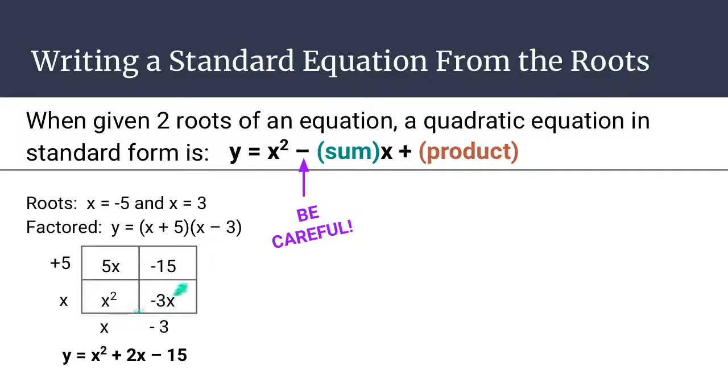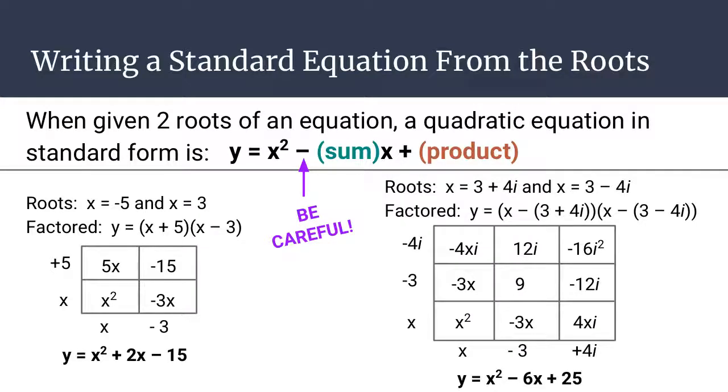When you multiply those with the generic rectangle, it's the opposites that create the factors, right? So x plus 5 and x minus 3 versus the original given roots. When you multiply those, you have 5x and a -3x, which adds to be a positive 2x, which is the opposite of the sum of your roots, right? Because the quadratic equation comes from the multiplied version of your factored form.